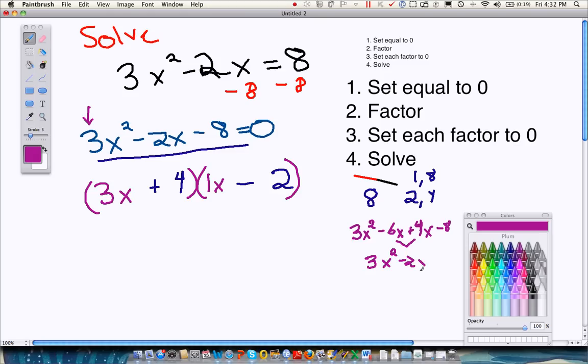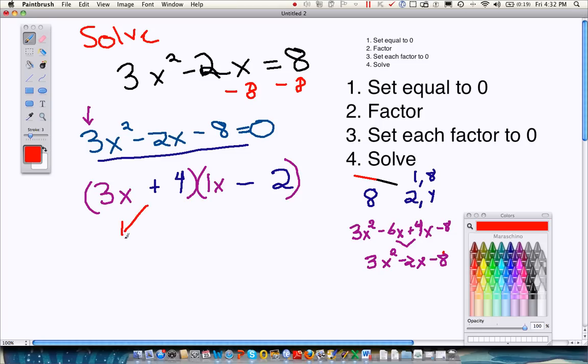Now, if you do the FOILing and you get the wrong answer, it doesn't mean you have to give up. It just means you have to try some different combinations. Try some different positive-negative combinations. Try switching the 4 and the 2. And like I said, the more you practice, the better you're going to be at it. Trust me, it comes from a lot of practice.